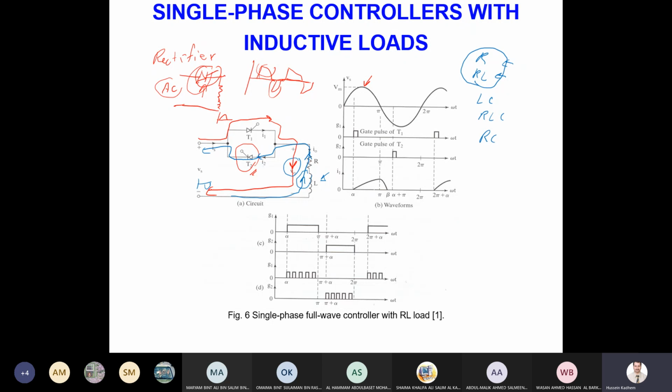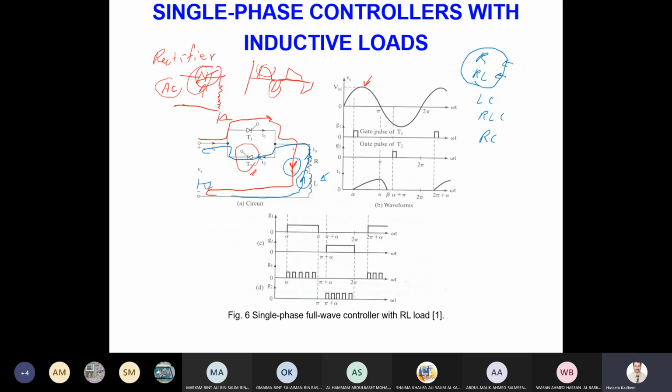The load in Oman is an RL load, because mainly the load is air conditioning and lighting. At home, the refrigerator, air conditioners, washing machines, inductive heating and ovens are all RL loads.